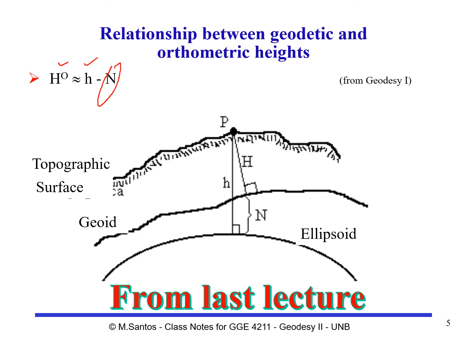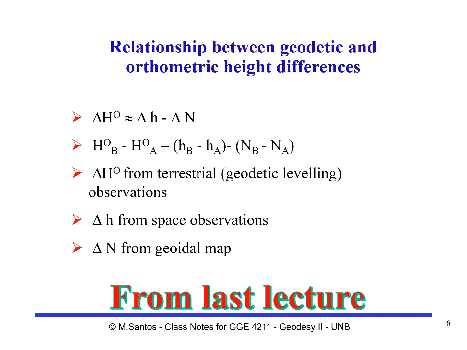We need to know the geoidal height so that we can transform the heights that we determine with GNSS, which are not physical. They're purely geometric. We cannot use them in height applications, for example, in water applications. We have to transform them to orthometric heights.